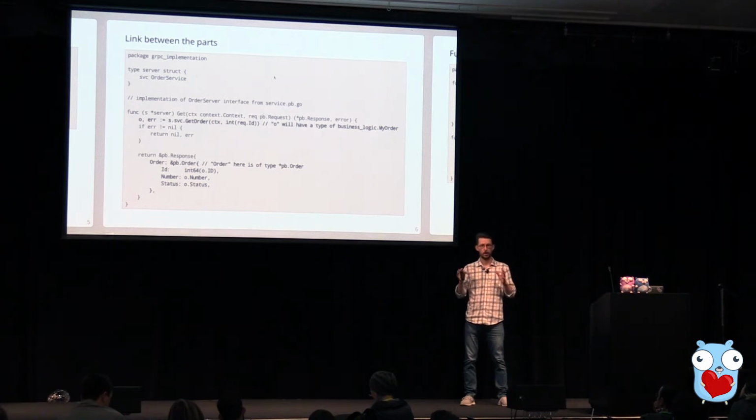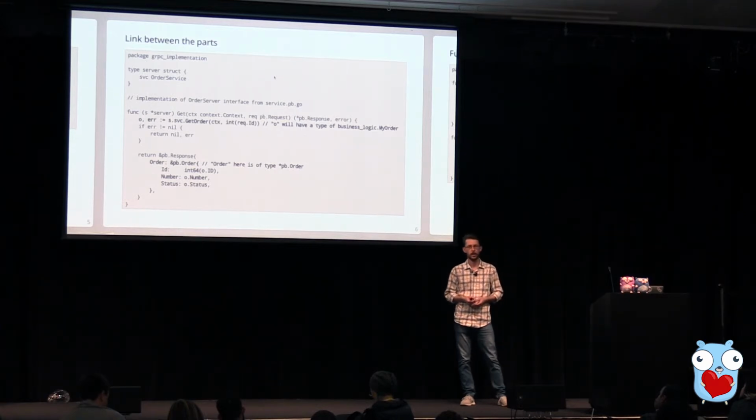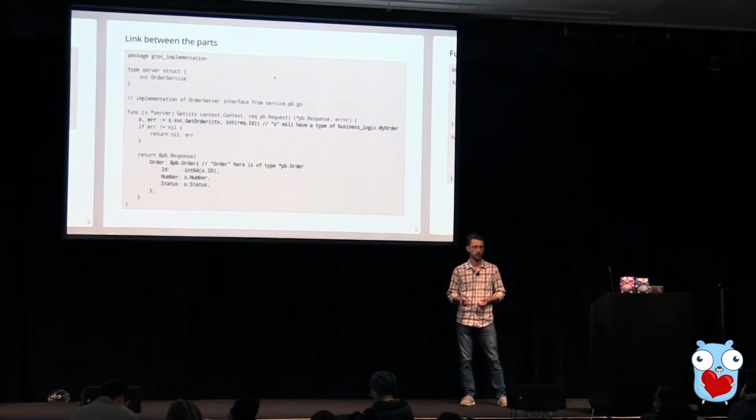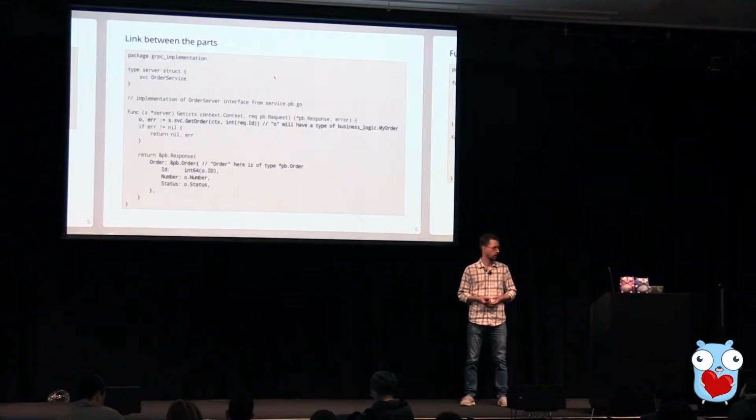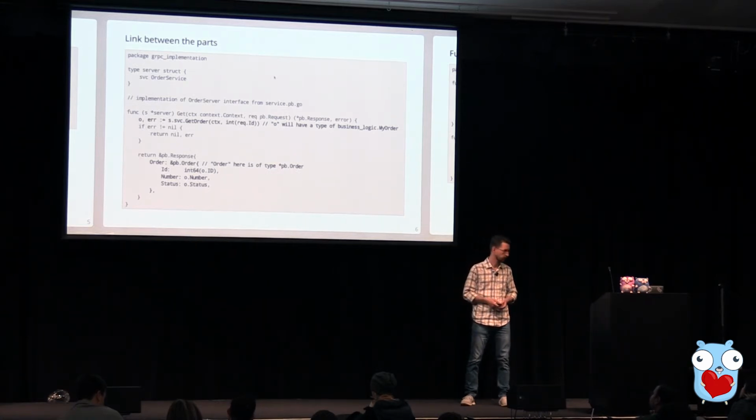To return this object to the client, we have to convert it to the Protoc order struct. And in our case, we can do it only field by field, because they are different structs. Also, we have slightly different types. In the Protoc package, the order struct has an ID field of type int64, while business logic has the same field of type int. We have to cast it.